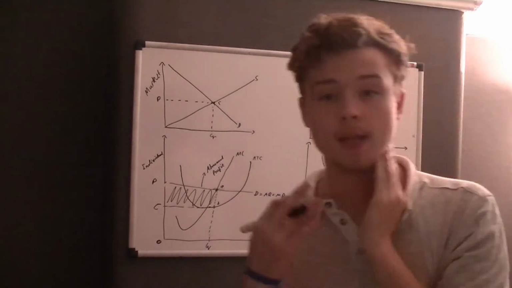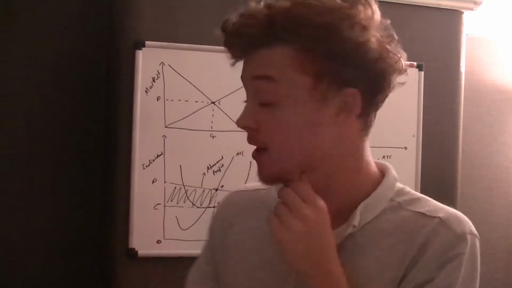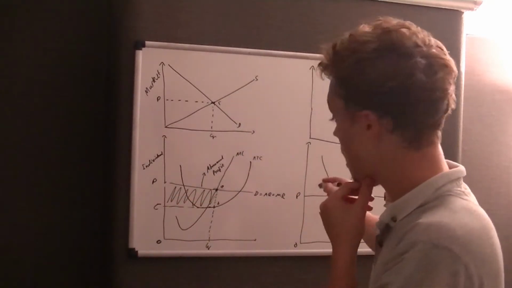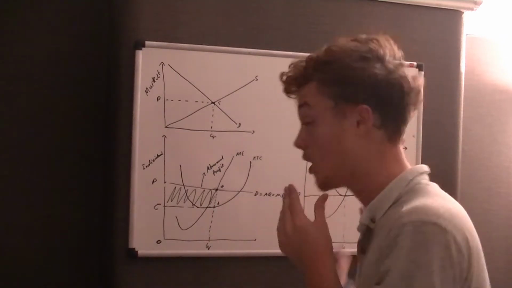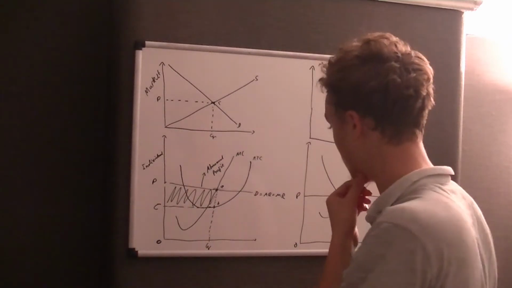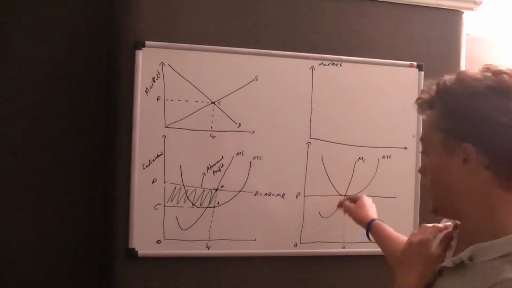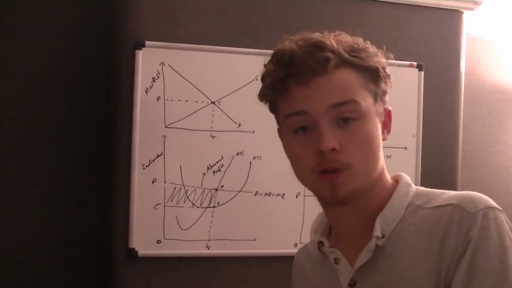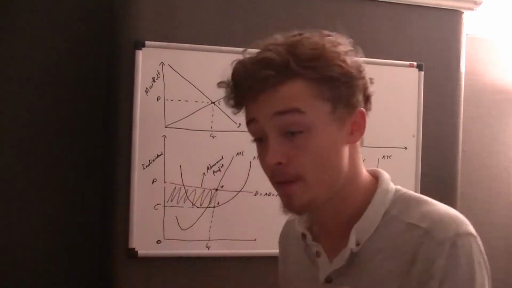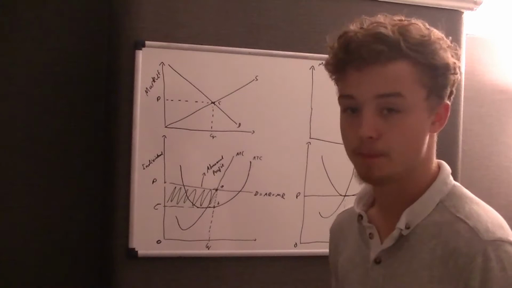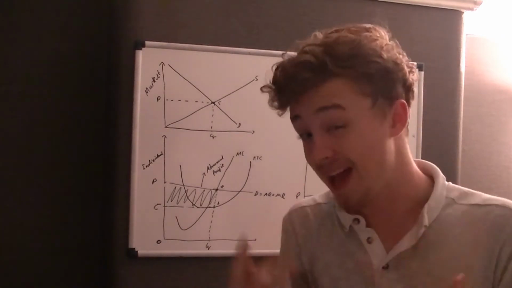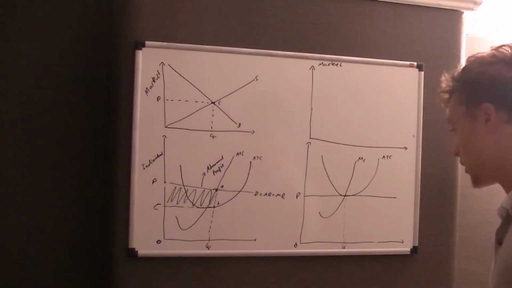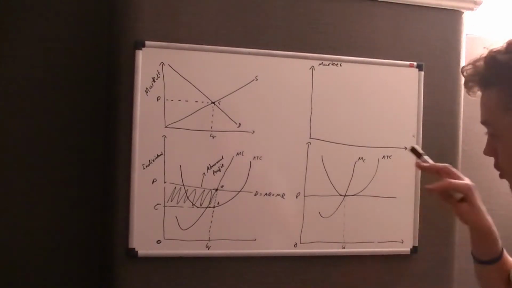Abnormal profit is when the price charged is higher than the average total cost, which is at C. But on normal profit levels, the price is equal to the average total cost, so the area of this little square is the total revenue, which is also equal to the total cost. There's no extra profit being reimbursed into the business, so there's no incentive for new firms to try to enter that market. That's the difference between abnormal and normal profit.